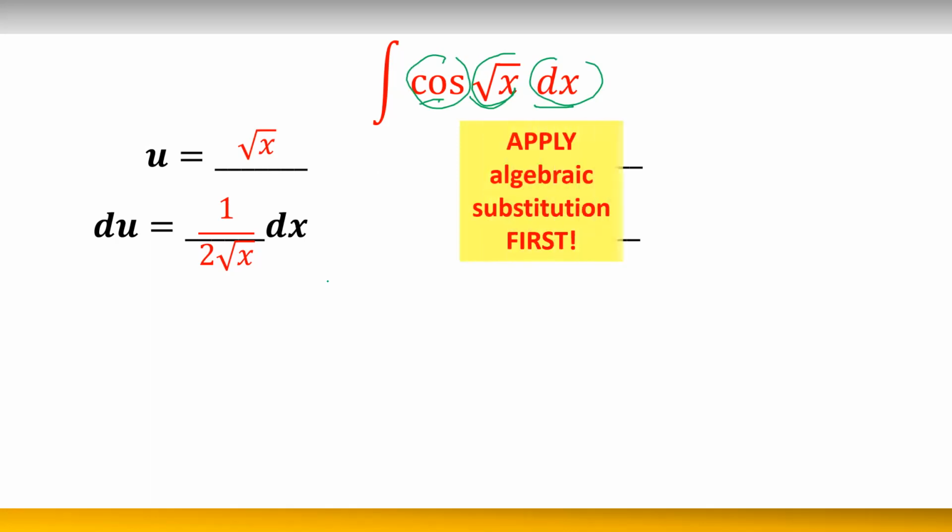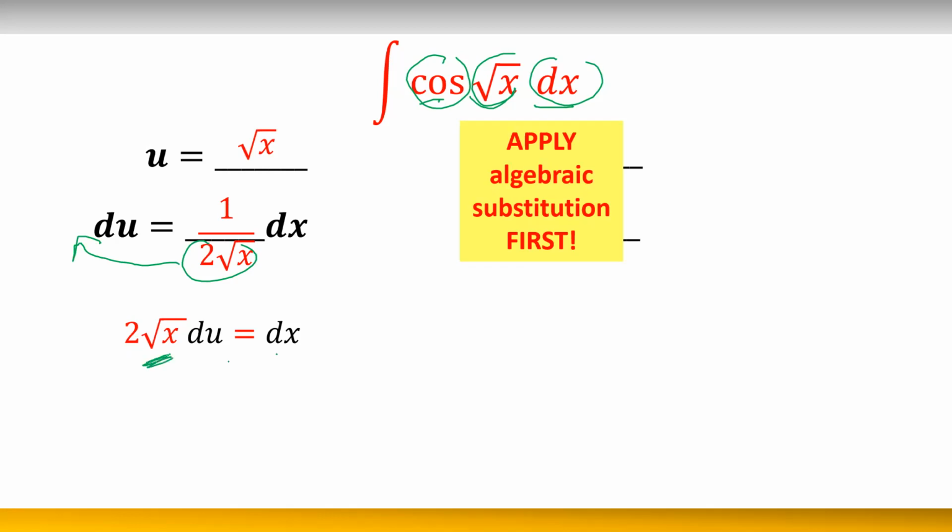Okay? So, we need to apply algebraic substitution first. Yun pa rin yung ating gagawin. Ang u is square root of x. Tapos, ang du is 1 over 2 square root of x dx. Tapos, moving this to the other side, that is 2 square root of x du equal to dx.